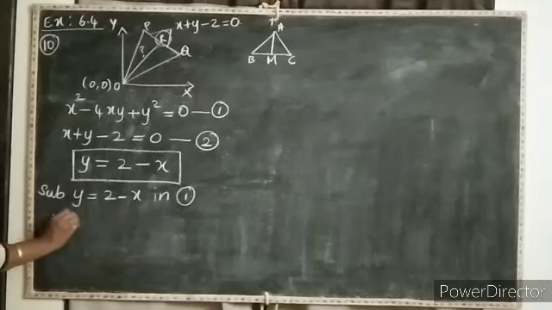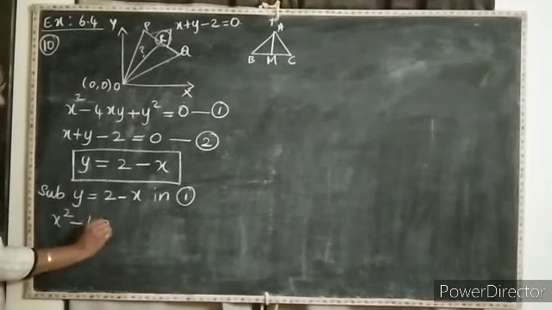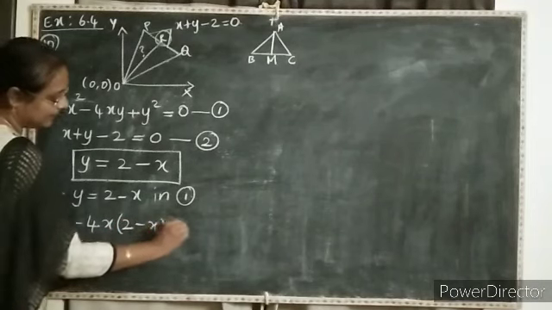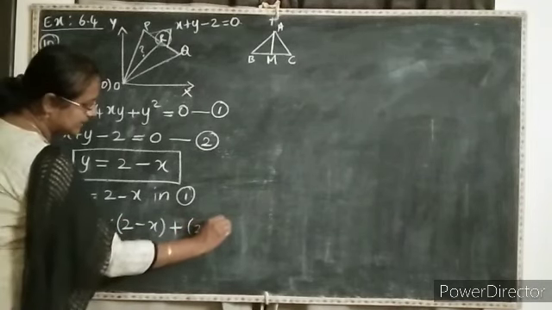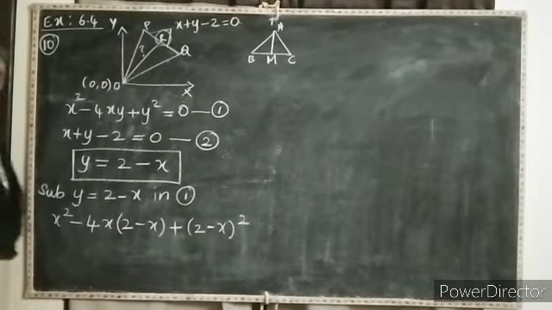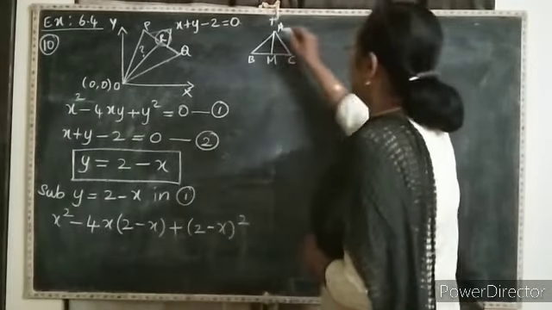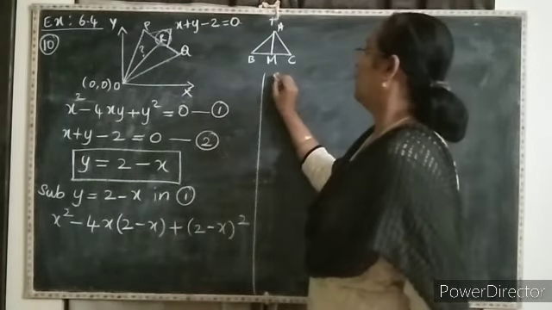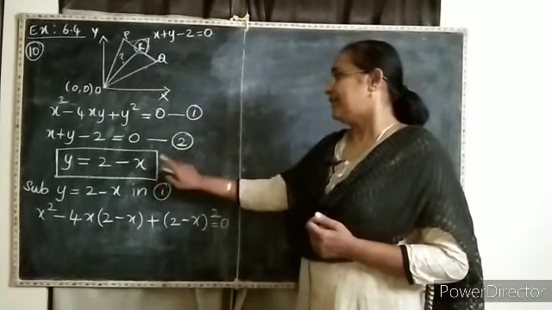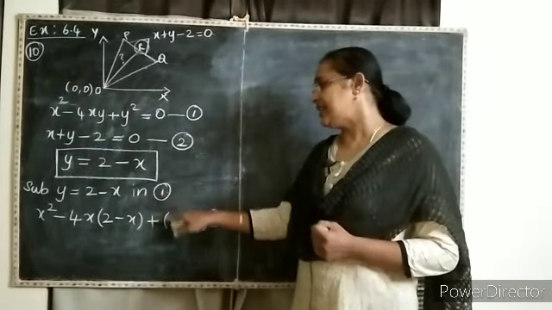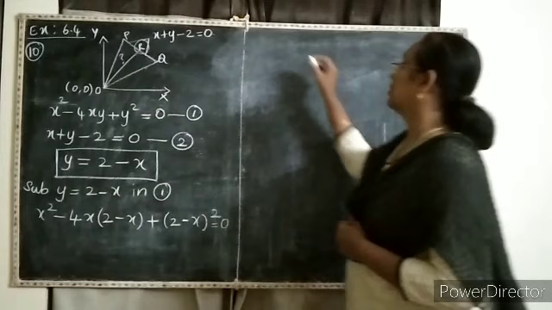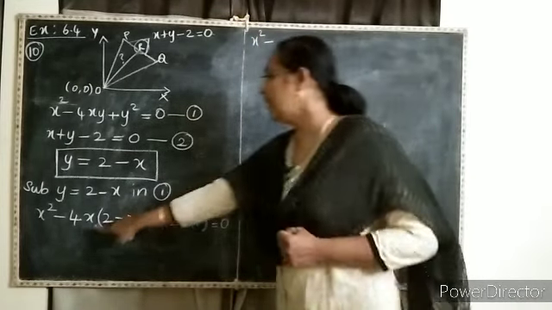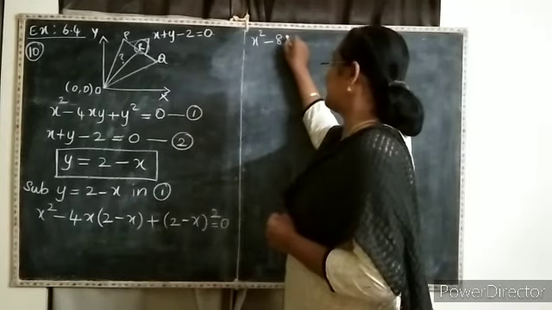So what will I get? x squared minus 4x into, instead of y, 2 minus x, plus again 2 minus x the whole square. I am going to make some necessary simplifications in order to get the point R. Now we get x squared minus 4x into 2, which is minus 8x.